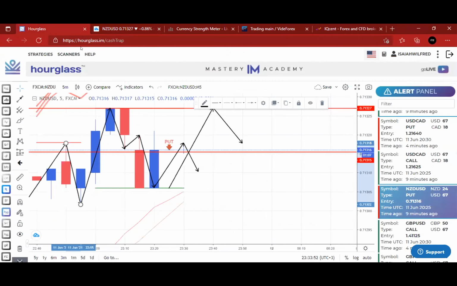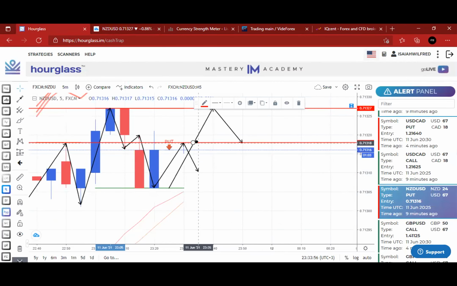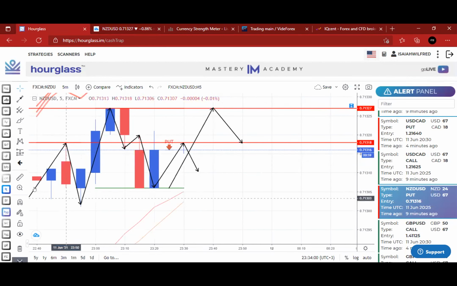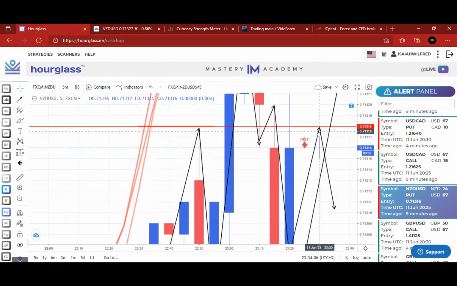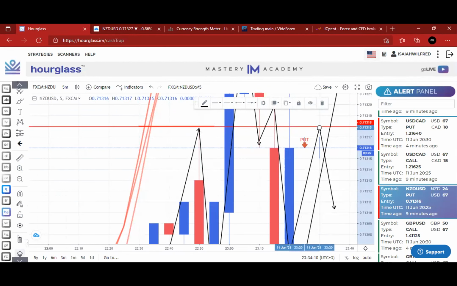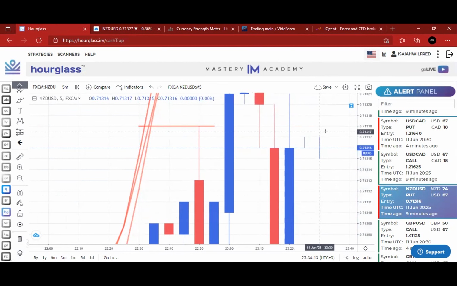Let's see what's happening on Hourglass. I think that's actually rejected. It has dropped because if I look at this candle, you can see that. Let me remove all these drawings. Okay, this is the week here.